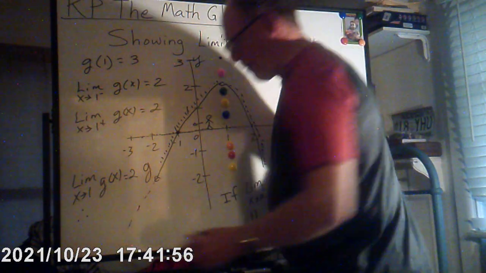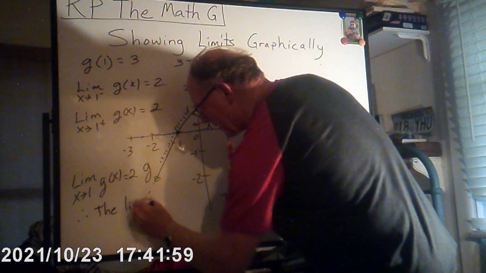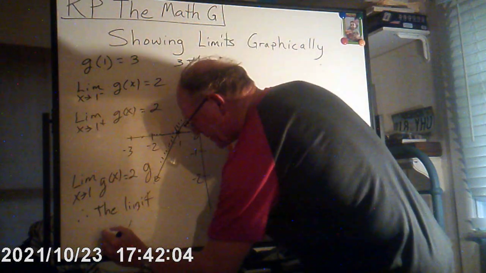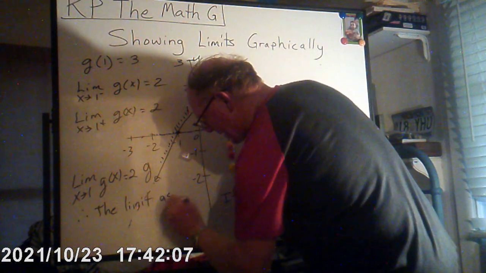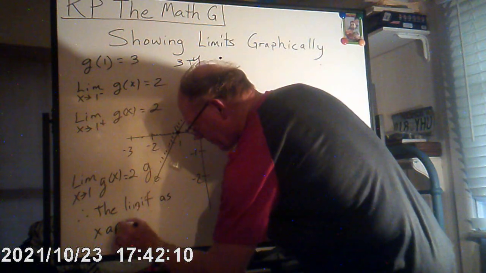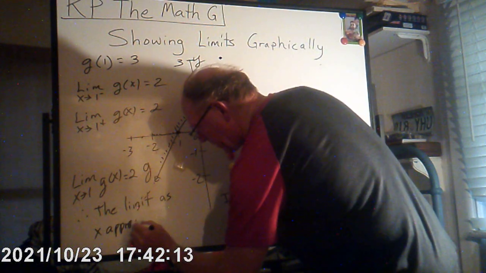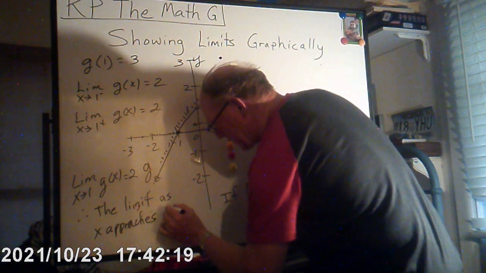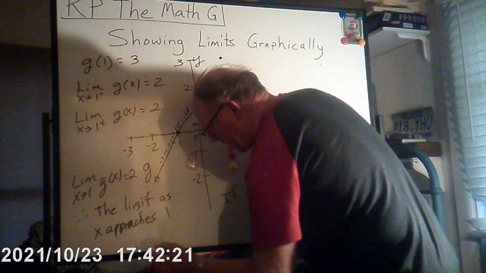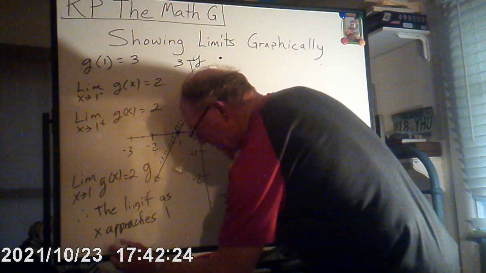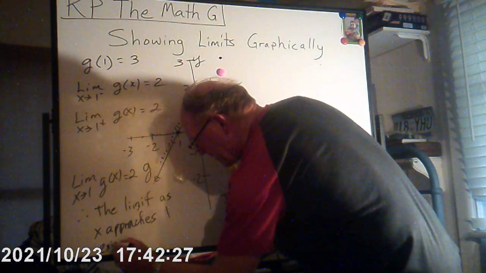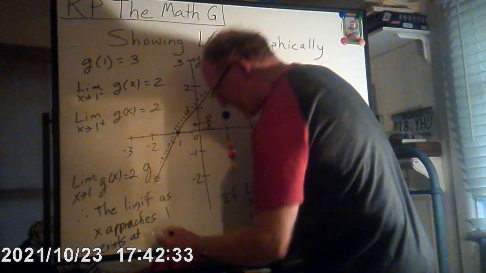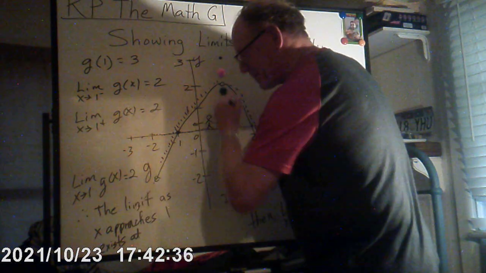Therefore, that means the limit as x approaches 1, from either side, exists. And this is actually the y value, isn't it? So at y equals 2.